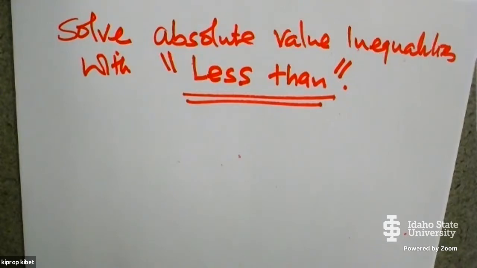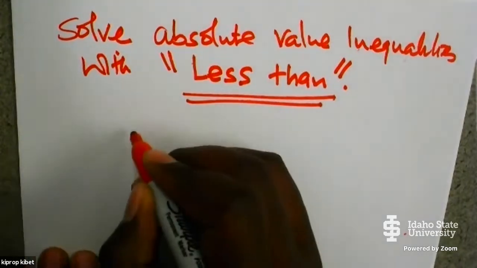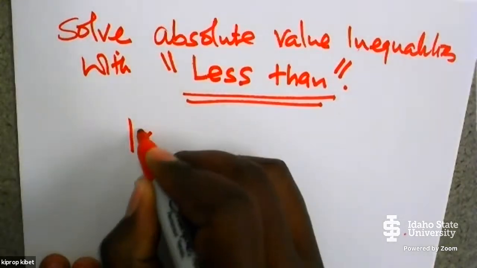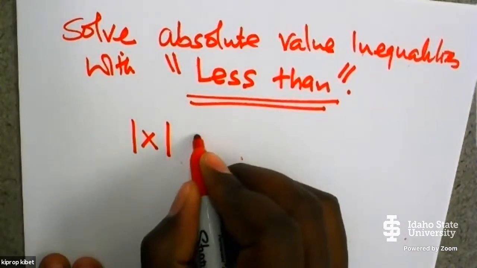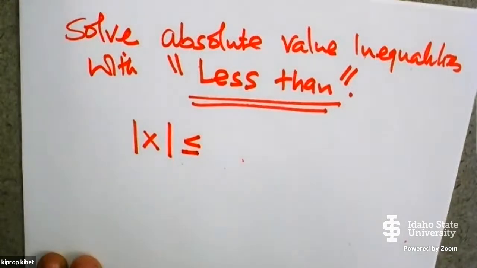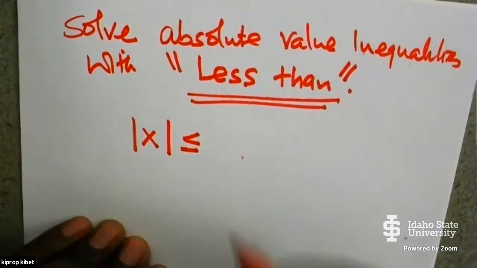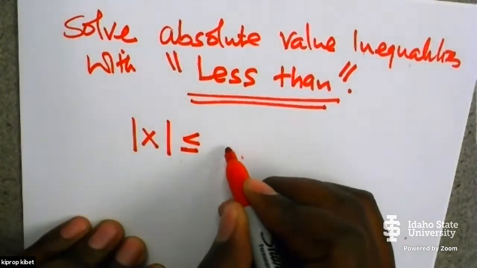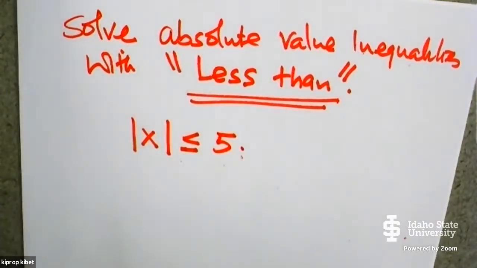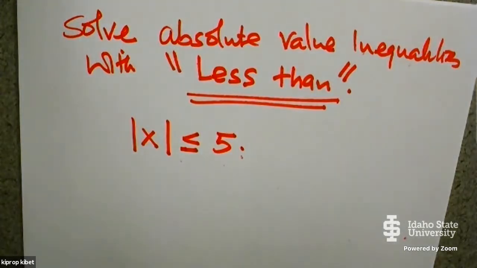Okay. So for example, let's say we have x. So less than is both. So you can do less than or equals to less than. So we are using both of them. So we want to start by solving, let's say, the absolute value of x is less than 5.